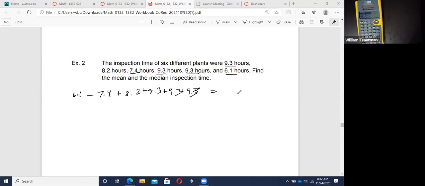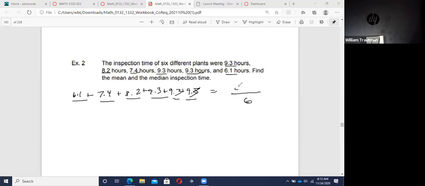Let's add them up, and then divide by 6 because there are 1, 2, 3, 4, 5, 6 pieces of data. Okay, so let's add them up on our calculator. 6.1, and then I'm going to verify it using the calculator, plus 7.4, plus 8.2, plus 9.3, plus 9.3. Oh, what? I don't even think I typed in the 9 there. 9.3 plus 9.3.